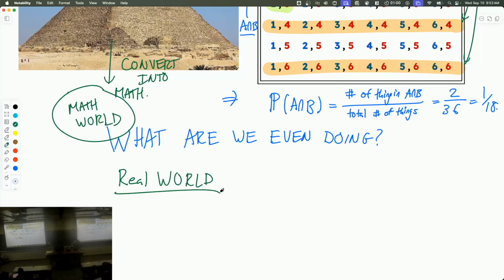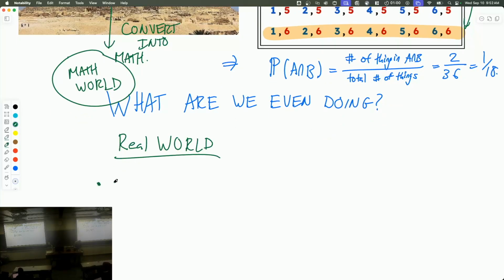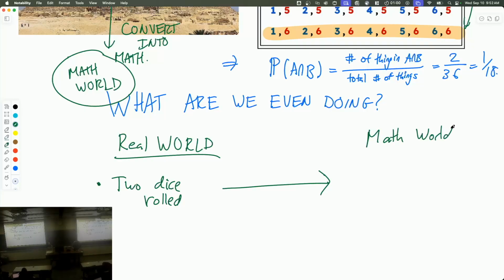In our example, we had a problem about two dice rolled. Of course, two dice rolled is some physical object in the real world, but we don't deal with that object when we do probability class. We convert the real world into our math world, and that is this thing over here. So this is a real, quote, real probability problem.